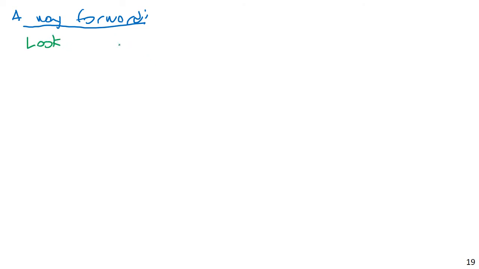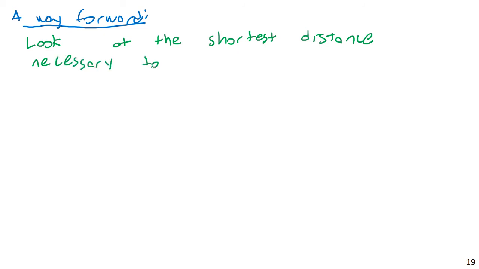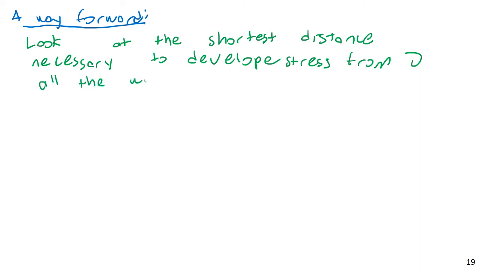Look at the shortest distance necessary to develop stress in a bar from zero all the way to Fy, to the yield stress. And this length is what we refer to as development length.